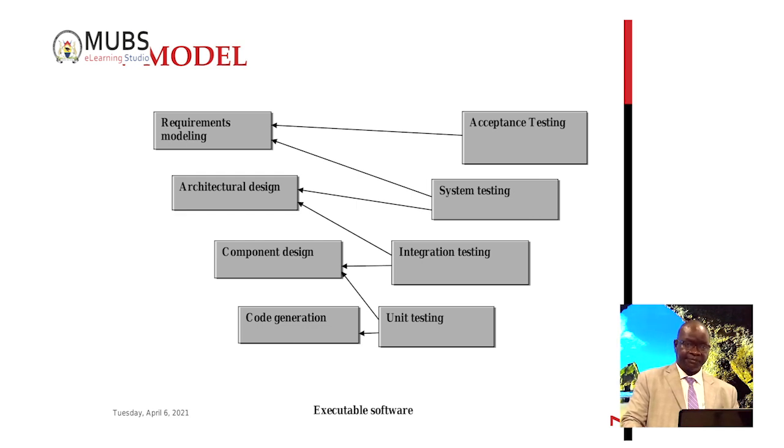From unit testing, that's the test for a model of a program, to integration testing, when you have modules combined, then to overall systems testing, then finally, the acceptance testing, which is testing done against requirements submitted earlier by the user community and management. So this is the V model.